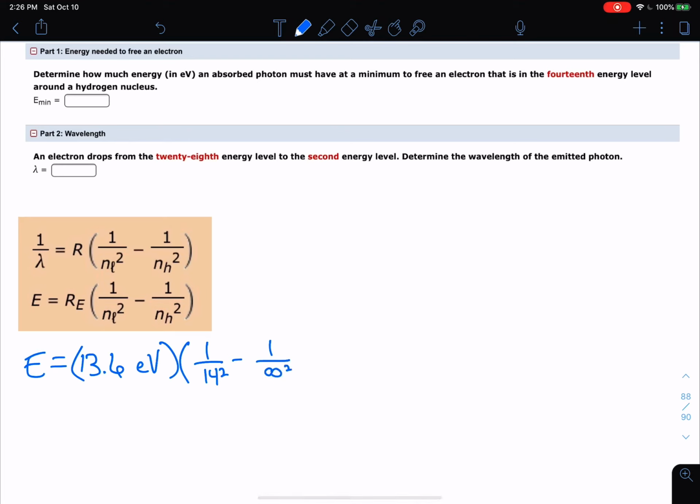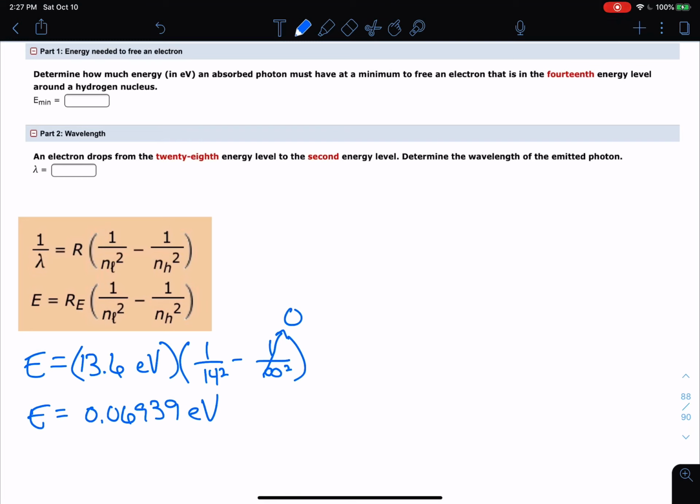So infinity, and I got to square that. 1 divided by infinity is 0, and if I divide 1 by infinity squared, that's obviously still going to be 0. So that's just 0, so this becomes 13.6 electron volts divided by 14 squared, and that's just 0.06939 electron volts. So there we go.